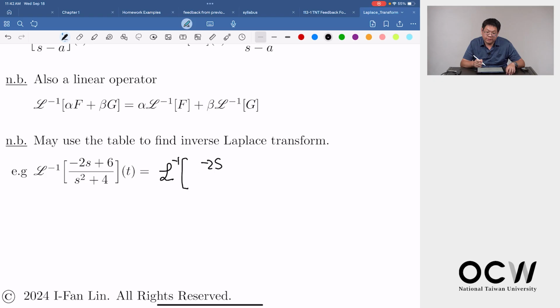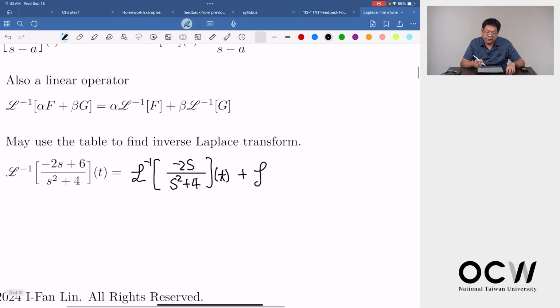Minus 2s divided by s squared plus 4. And the second term. And I will show you the table in class.